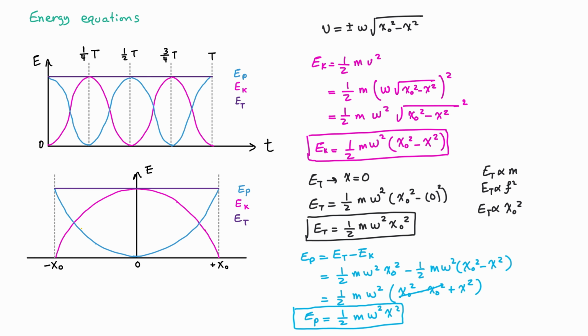Finally, frequency here. Now this is something that we know that the angular velocity is equal to 2 pi over period. We can also write this as angular velocity is equal to 2 pi times the frequency. So angular velocity is proportional to the frequency in this specific case.